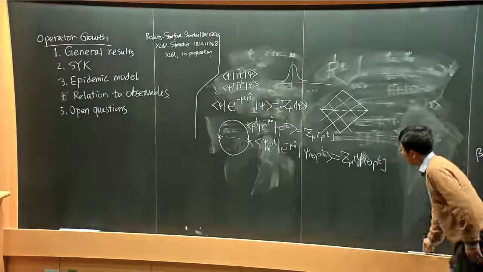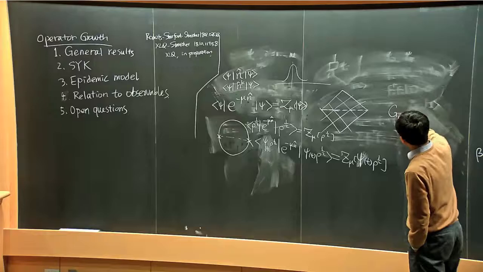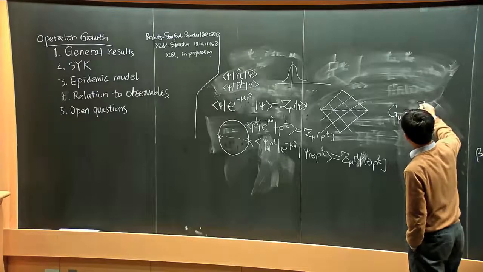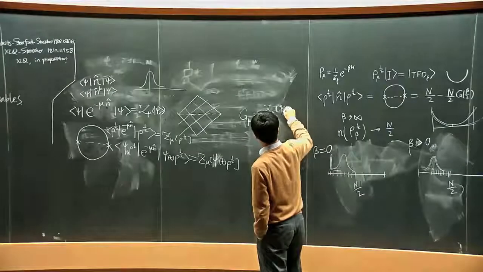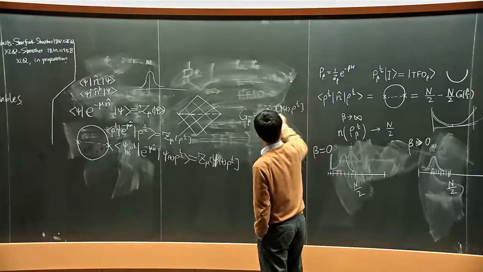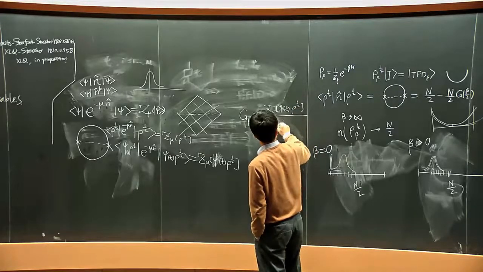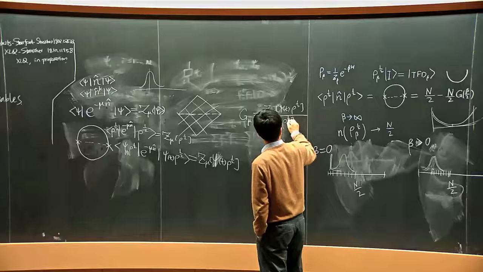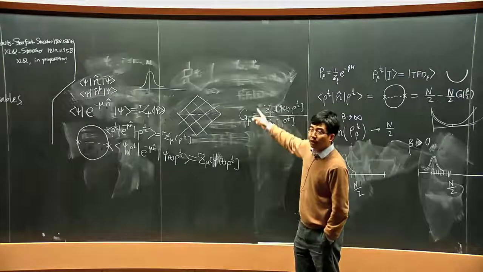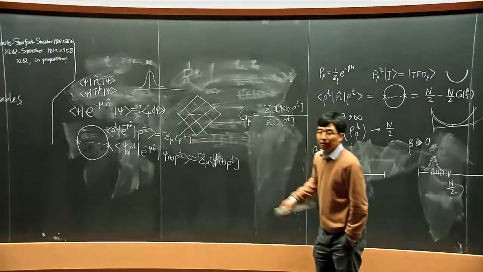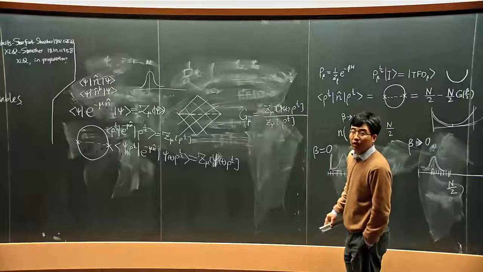So what happened is the two-point function is this, and then when you do an expansion of that, you get the distribution.